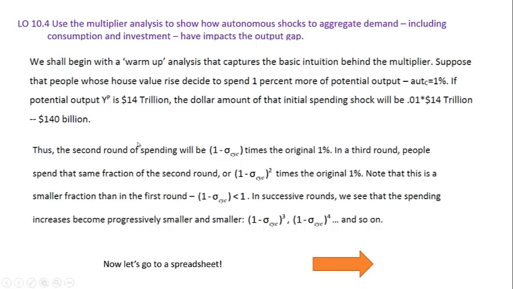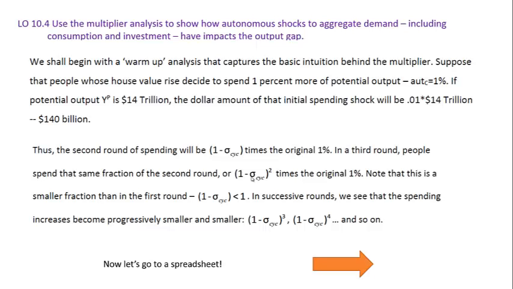In the second round of spending, they'll be spending 1 minus sigma sic times the original 1%. In the third round of spending, people will spend 1 minus sigma sic times that 1 minus sigma sic, and we can shorten that, just call it 1 minus sigma sic squared times the original 1%.